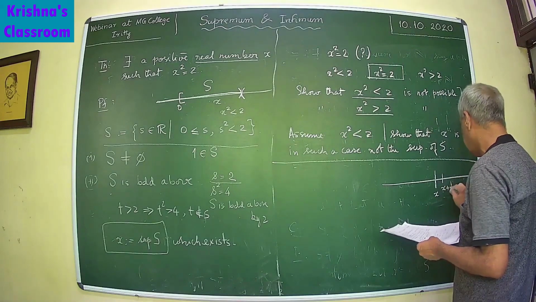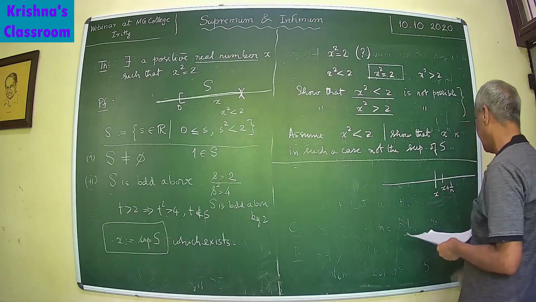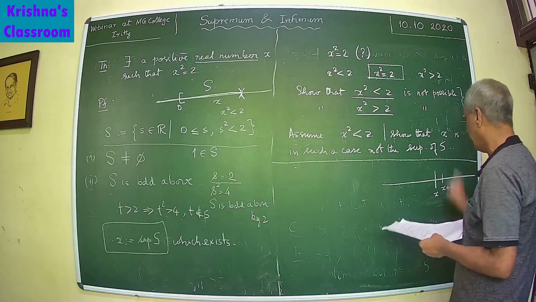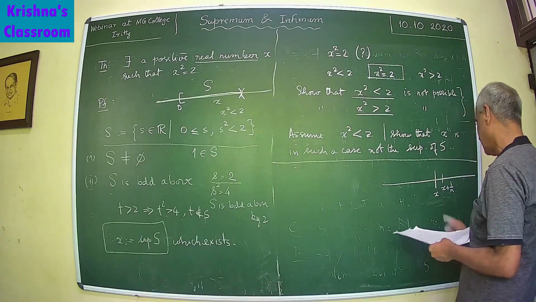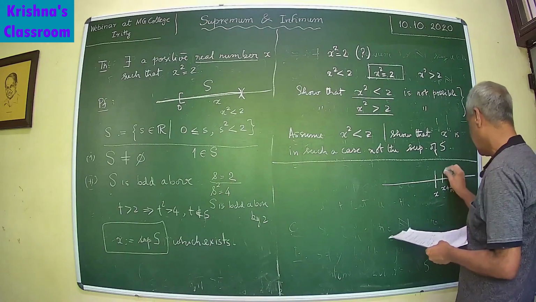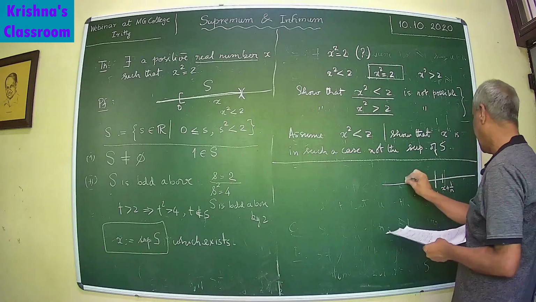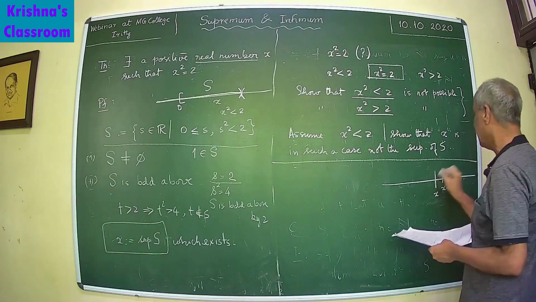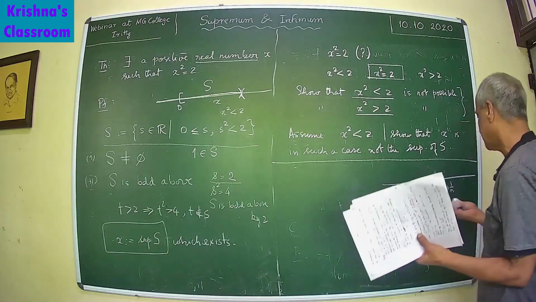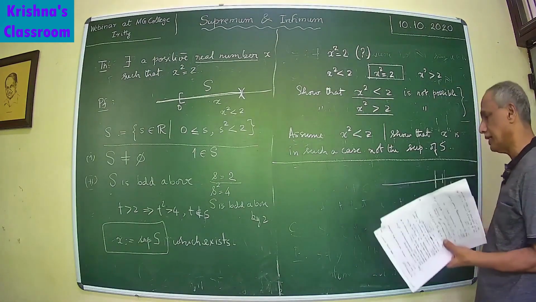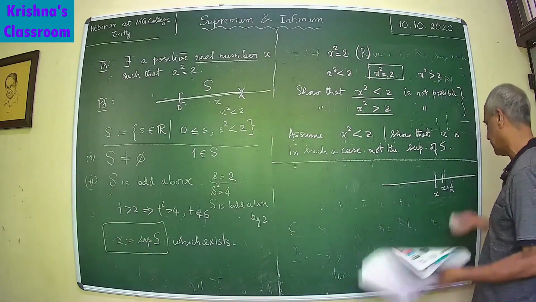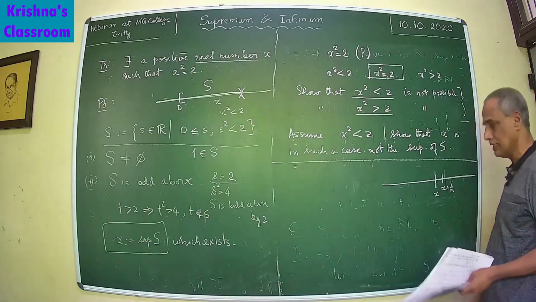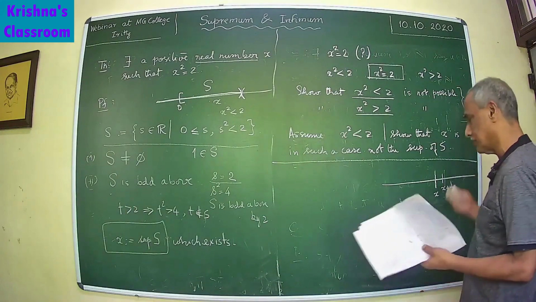You show that there is an n such that x plus 1 by n belongs to S in that case. So this is x, this is x plus 1 by n. This is in S, then what does it say? x cannot be the supremum. If x plus 1 by n for some n is in S, then x plus 1 by n is greater than x, and therefore x cannot be the supremum.